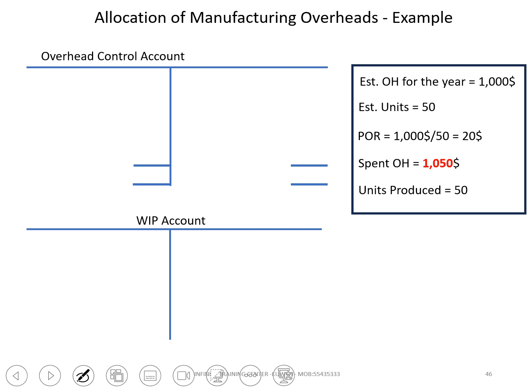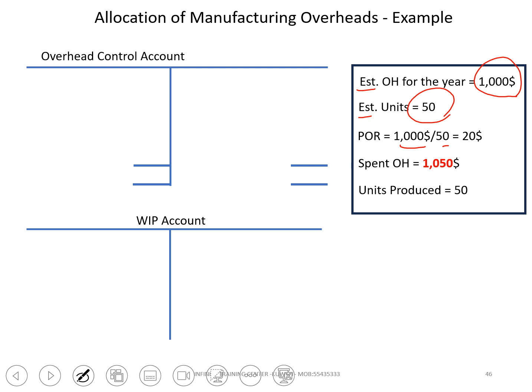Okay, so we have an example here. You are making something and your estimated overhead is $1,000, and you are expecting to make 50 units in a period. In a year you are going to make 50 units, and $1,000 is the estimated overhead. So both are estimated. You can calculate your POR by taking the total cost and dividing that by the number of units. Why are we dividing by the number of units here?